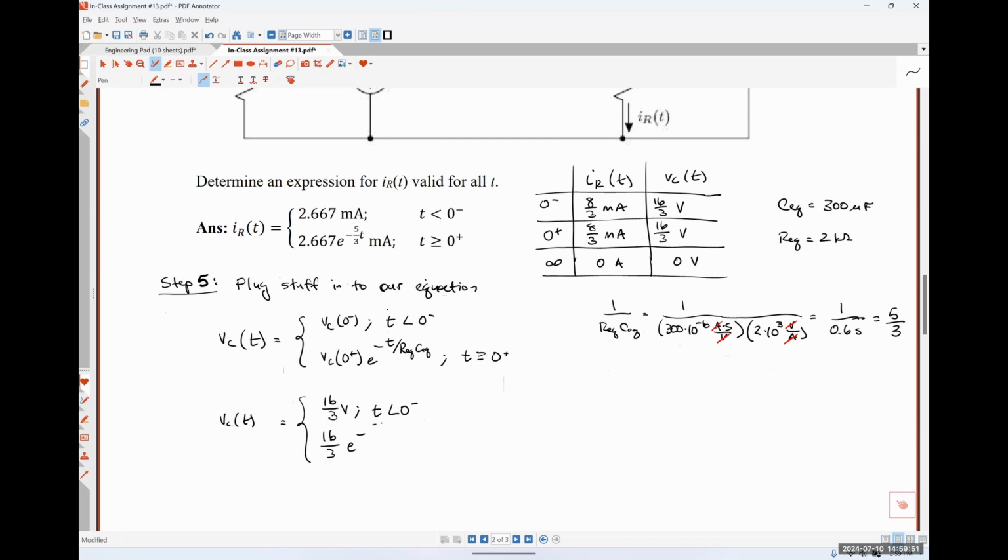So I'm going to have e to the negative 5/3 t volts for t greater than or equal to 0 plus. So before we move on from this little part right here, anybody have any questions about me, I guess, kind of calculating that rate of decay?